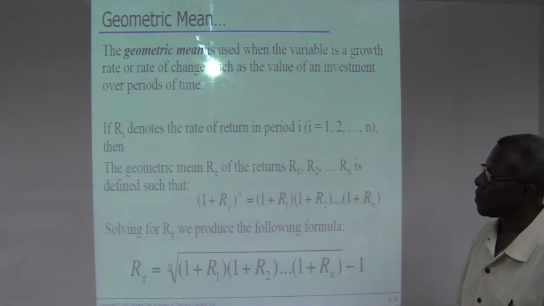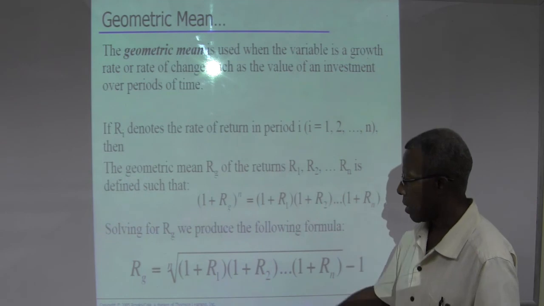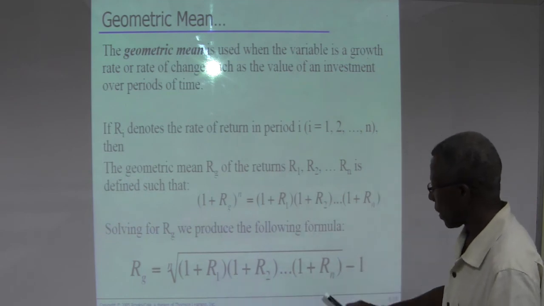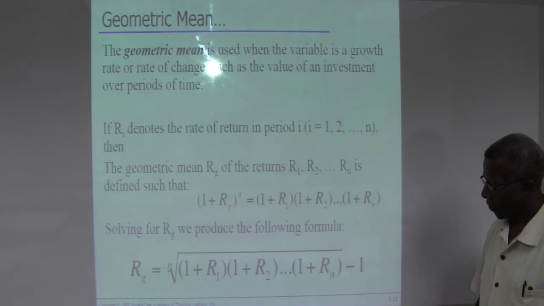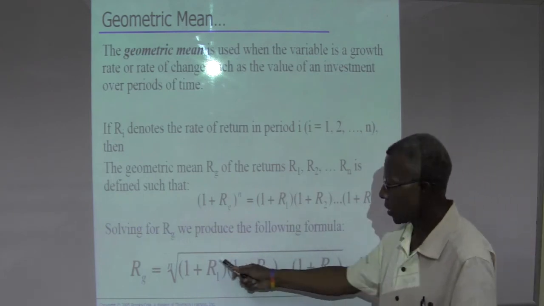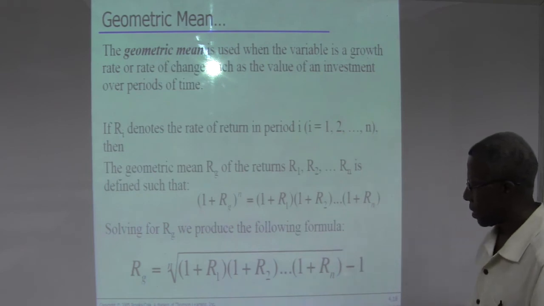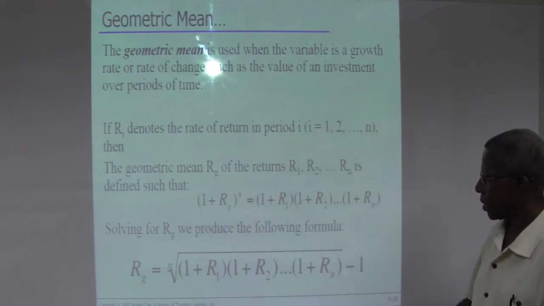That is, each rate of return is added to 1, and then the n terms are multiplied, finding the nth root of those n products, and the last thing one does is subtract 1. So this operation has to be done first: finding the nth root of the product, and then minus 1.